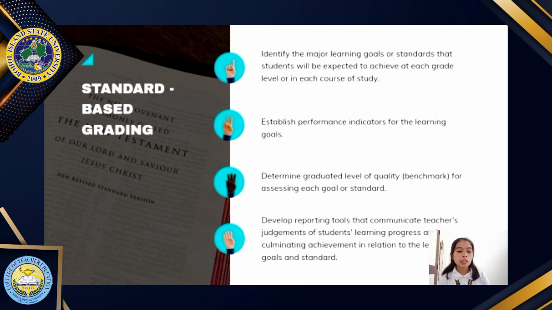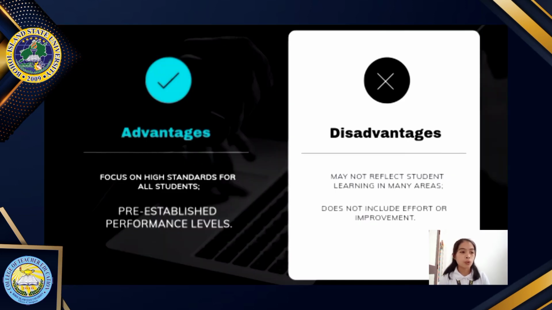So, standard-based grading, for example, is when the students are graded basing on the rubrics that are given. Usually this ranges from 1 to 4, reflecting a ladder of mastery. And also there are advantages and disadvantages for standard-based grading.